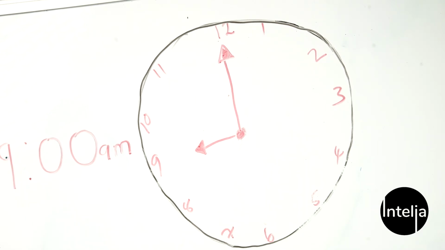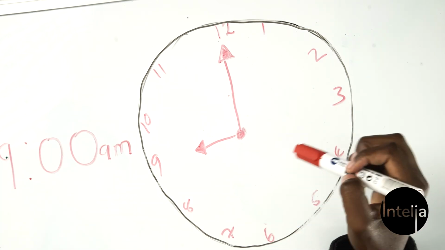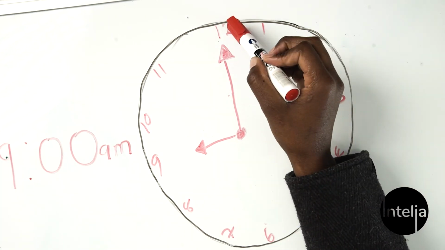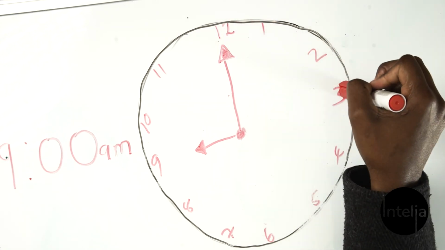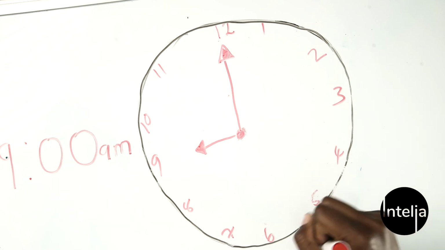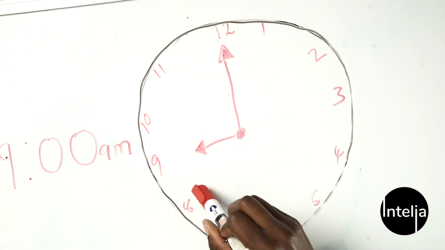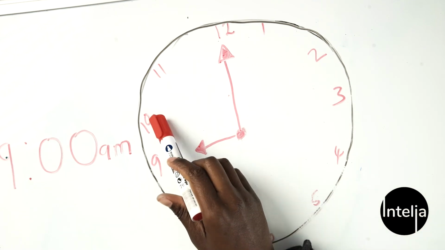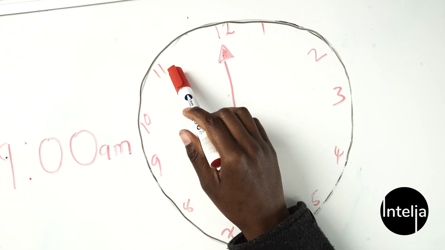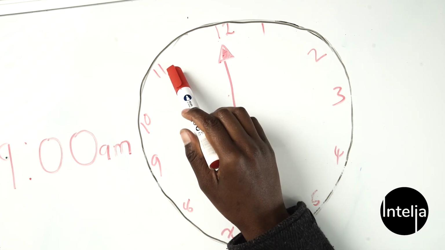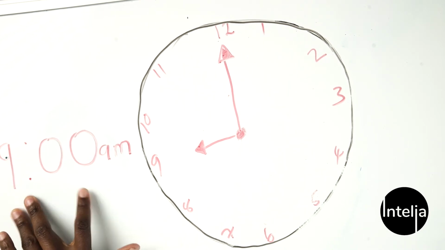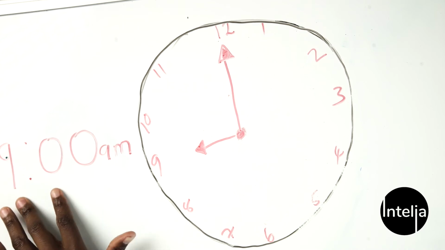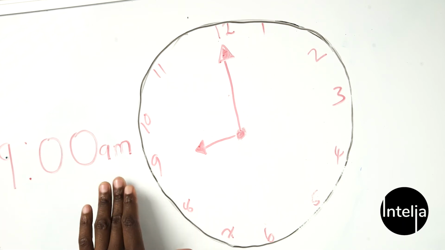So if it's in the morning, it starts from 12 midnight, 1, 2, 3, 4, 5, 6, 7, 8, 9, 10, and 11. That's in the morning. So when you're writing, let's say 9 o'clock here, it's in the morning. So you say 9 o'clock AM, like this.